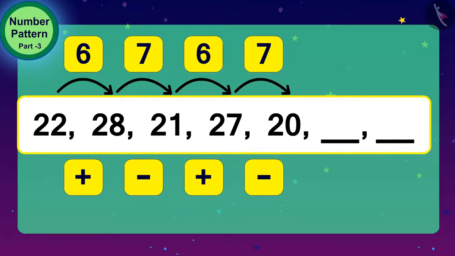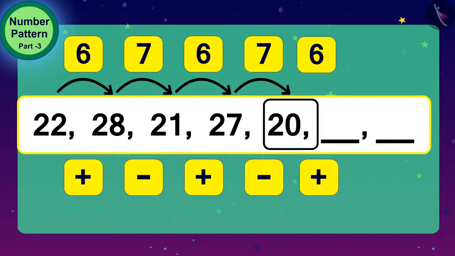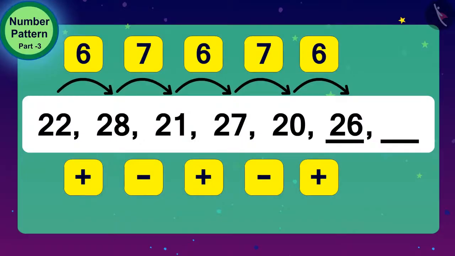So, what do we have to do to fill this blank space now? That's correct. We have to add 6 to 20. What will it be? 26. And now what do we have to do to fill these other spaces?